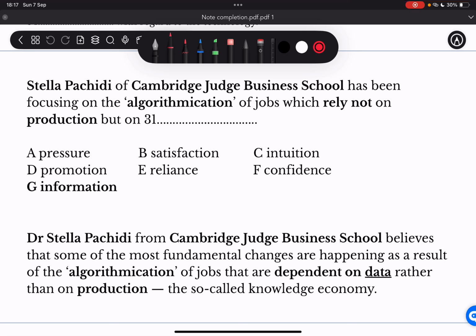And also rely not, which we have changed to dependent on. And then we've got data and production. We've got the word production already in the question, but we are missing the word data. In the list, we don't have that word, but we have a word which is a synonym to the word data, which is information. So that is the answer.